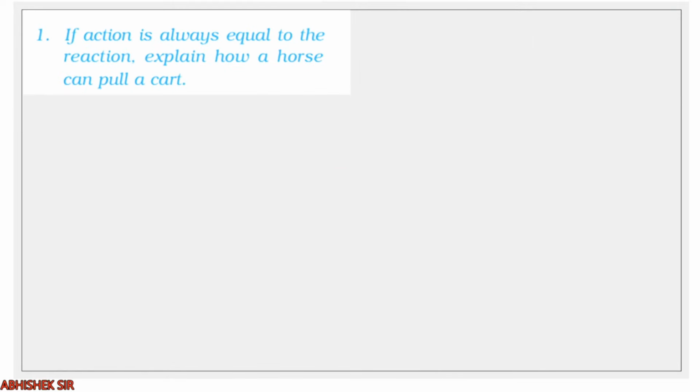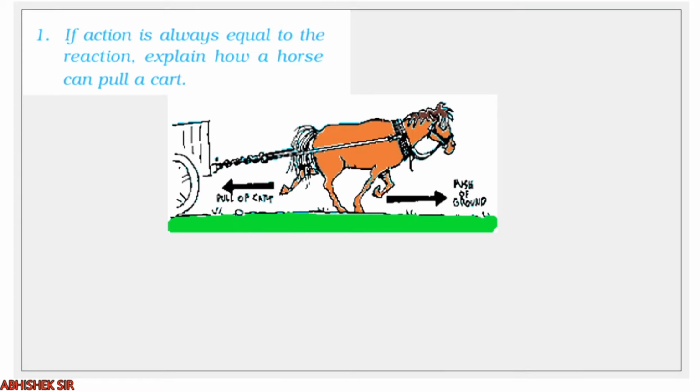If action is always equal to reaction, explain how a horse can pull a cart. Here the question seems to be a little bit incomplete because they are only comparing the horse in the forward direction and the cart in the backward direction, right? So if you see only these two forces, they will always be equal, but don't forget that the horse will apply more force because the cart will have some inertia as well as friction, and to overcome that the horse is applying more force.